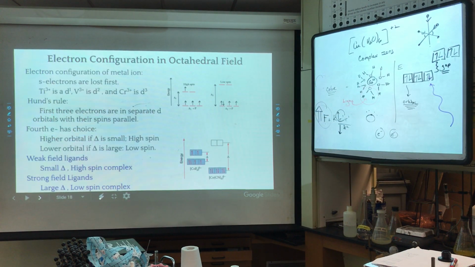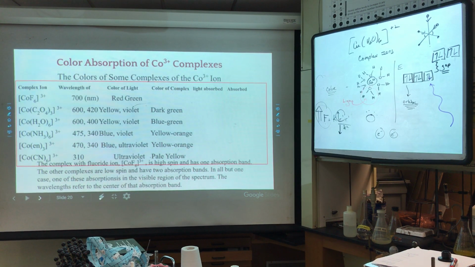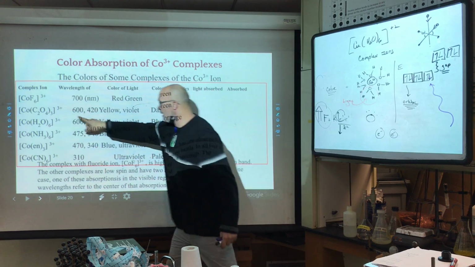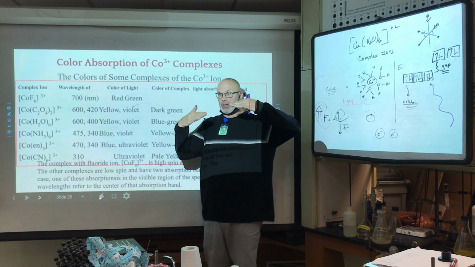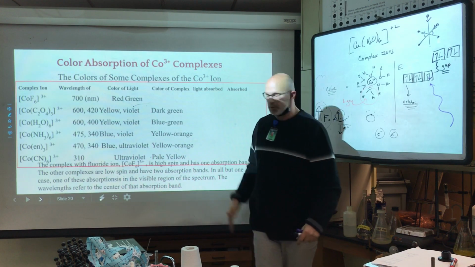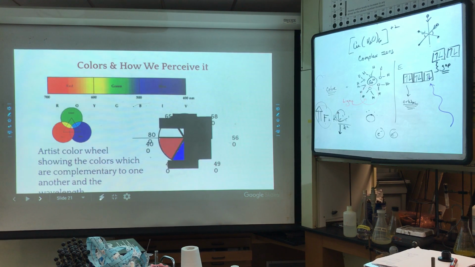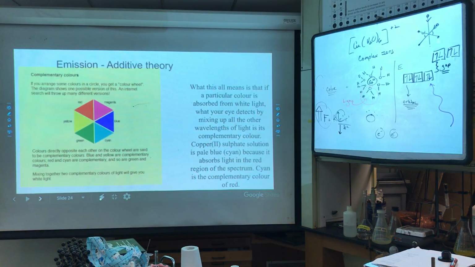All right? Now, there's different colors depending upon what the ligand is. Some ligands affect that area better than others, okay? And that's why there's different colors. But you should be aware of some things that are natural. Our blood is red. Why is our blood red?